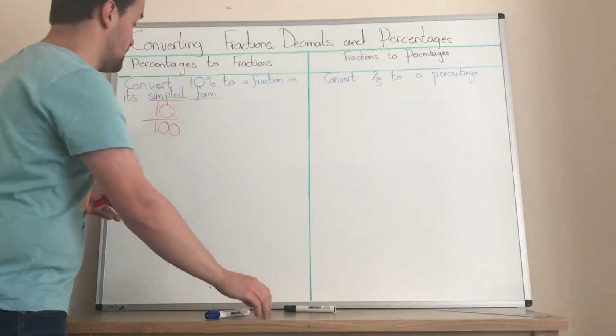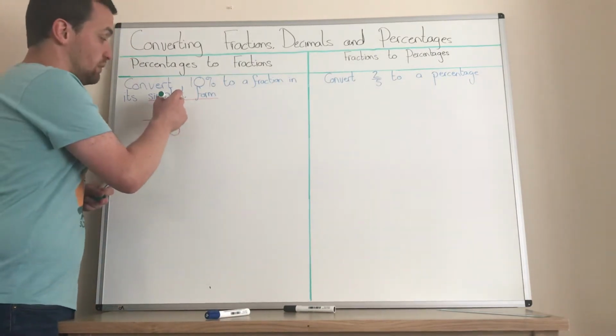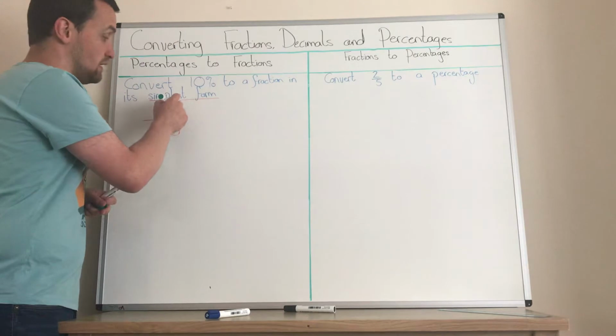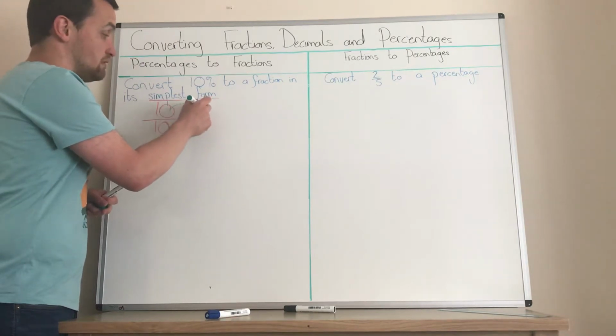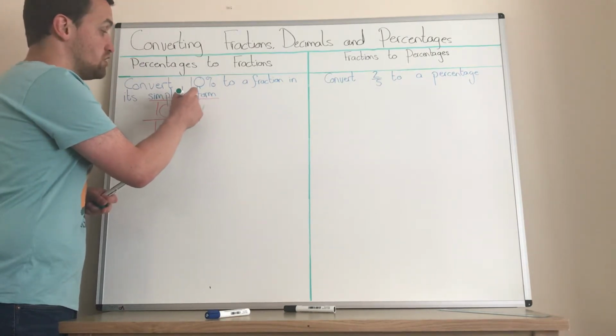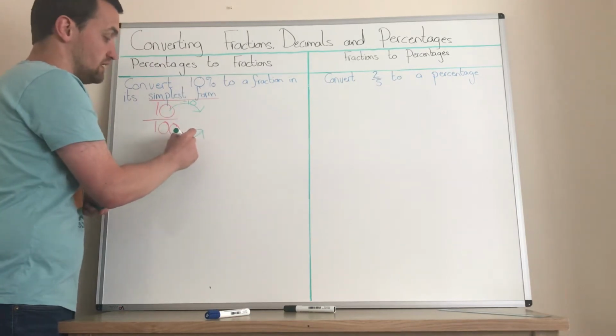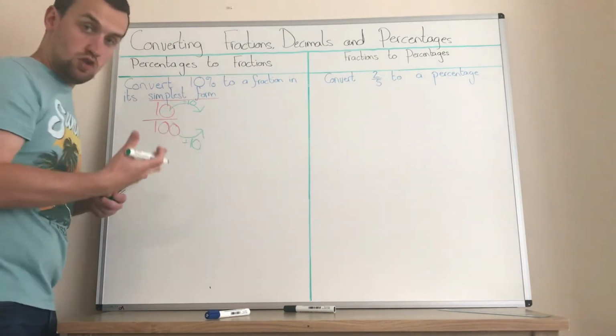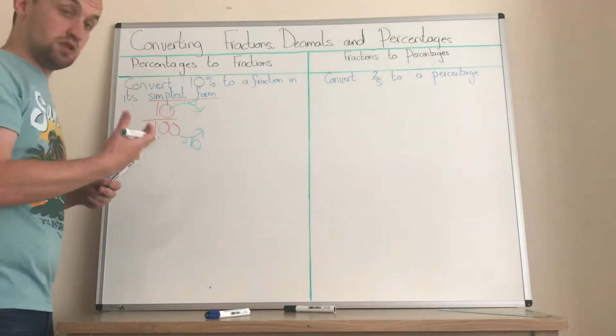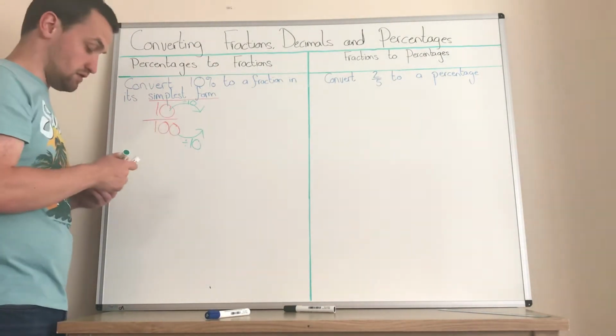The number I'm going to use is 10. I'm going to divide the numerator and the denominator by 10. Whatever you do to the numerator, the top number, you must do to the bottom number, the denominator, as well.